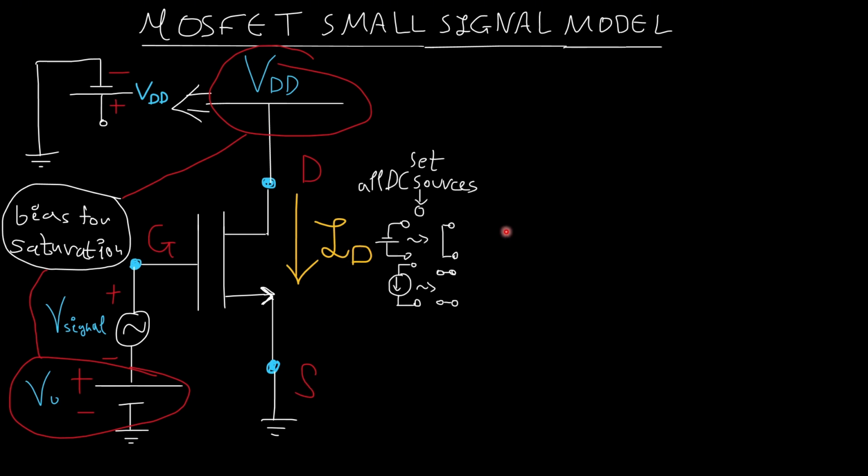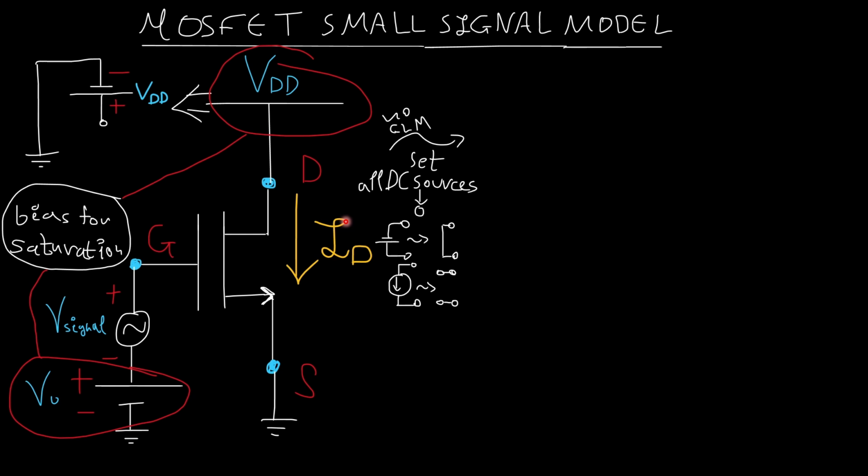Before I draw it, I will be sure to set all my DC sources to 0. That means that my batteries are going to be short-circuited, and my current sources are going to be open circuits. I don't have any current source here, but in case I had, because there are cases that we actually have current sources.